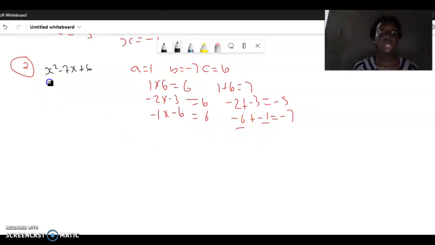We will write x squared, and remember, in place of the second term, negative 7x, I will replace it with the two factors that we have found. That is negative 6x and negative 1x or negative x. It does not matter. Plus 6. So there you have it.